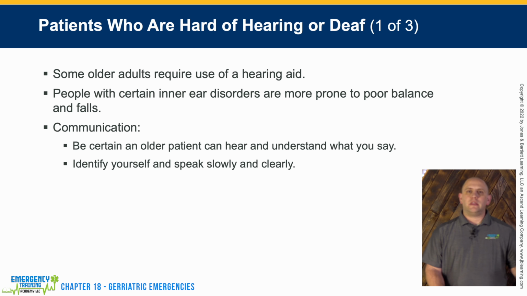If they have it in, maybe it's not turned up loud enough. I find that a lot of our geriatric population that wears hearing aids, they may not actually have them in place. Another thing that becomes affected with our patients with hearing loss is they can end up with inner ear disorders, causing them to lose their balance, which would lead to our falls that we're called for.